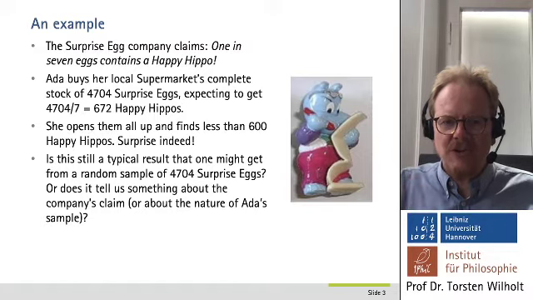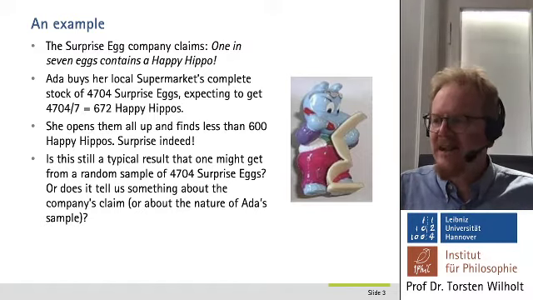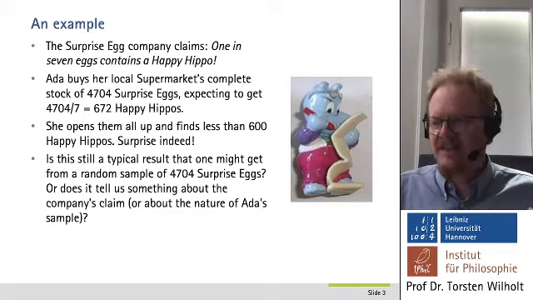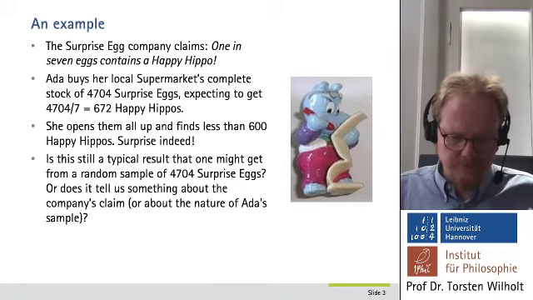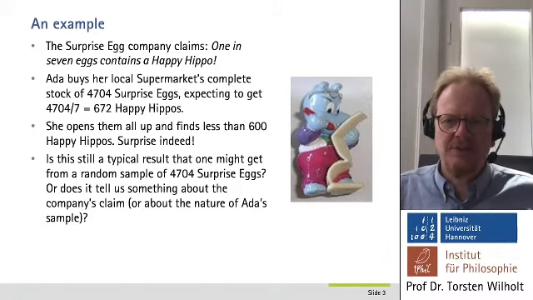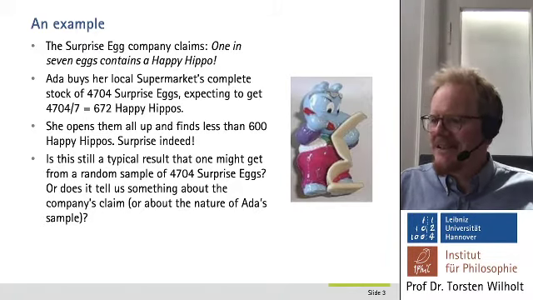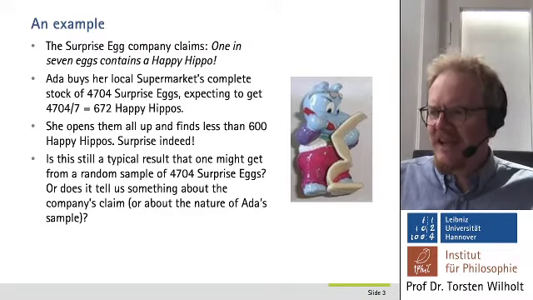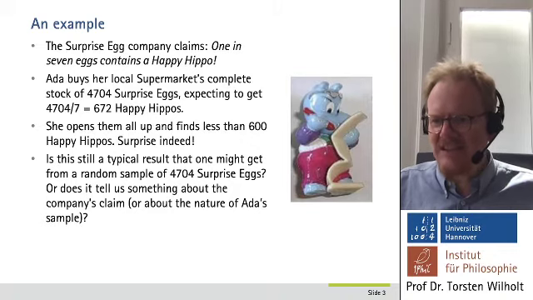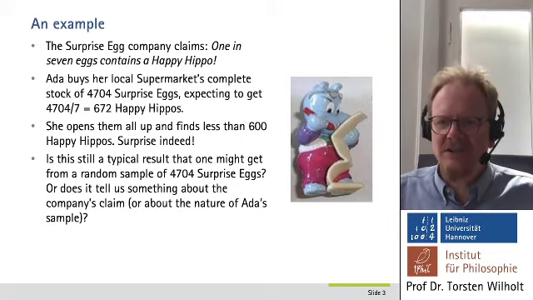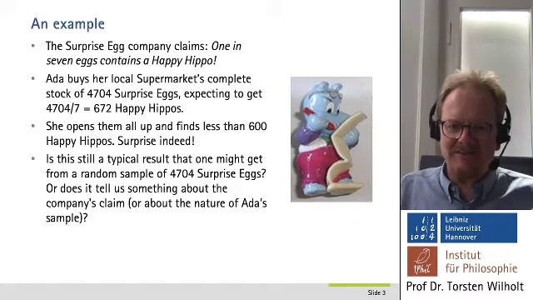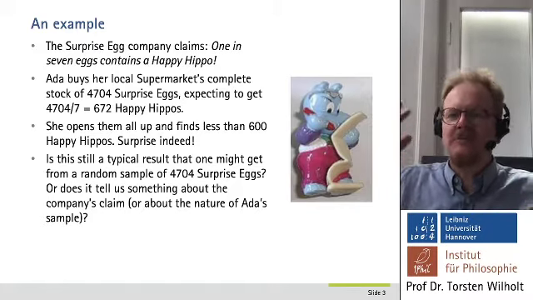For each trial, getting a happy hippo has 1/7 probability, not getting a happy hippo has 6/7 probability. So for example, getting a happy hippo in the first egg and not getting a happy hippo in the second egg has a probability of 1/7 times 6/7.